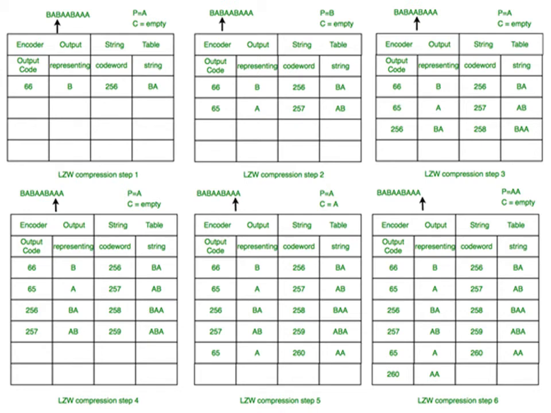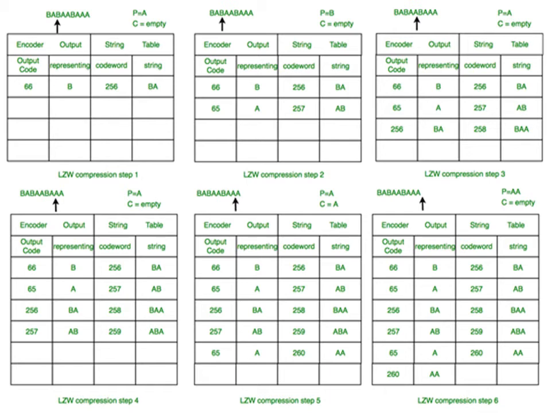I have just shown it as 6 steps only, but if this continued and it found one more pattern of triple A, that might get stored as 261.